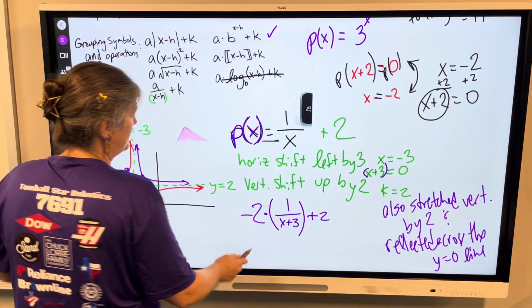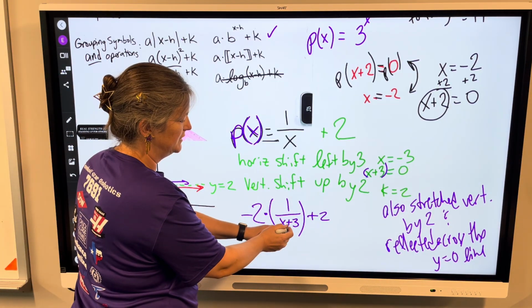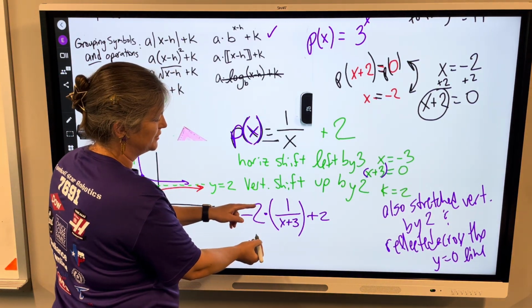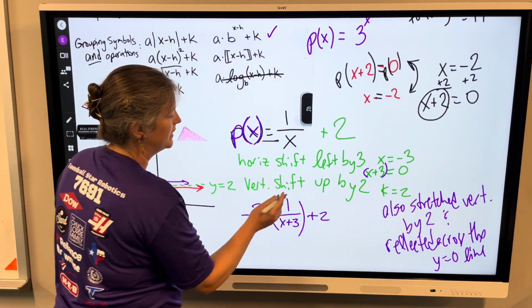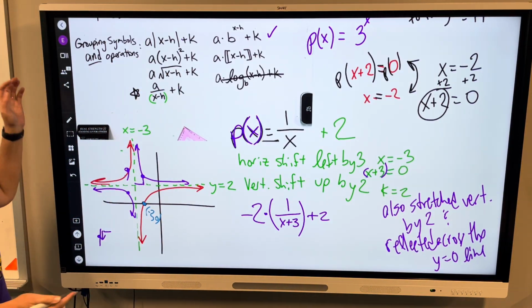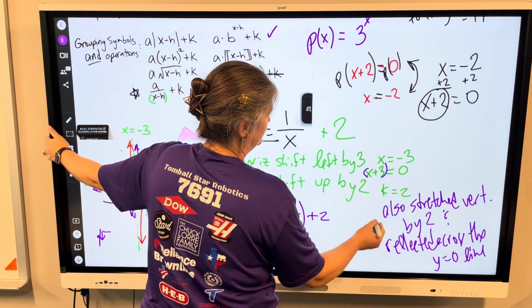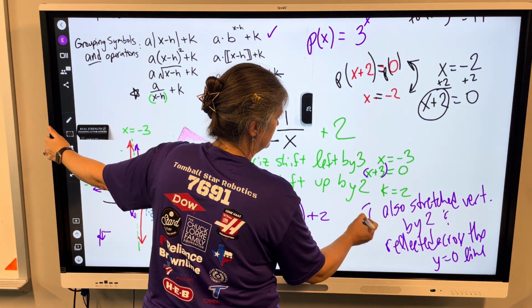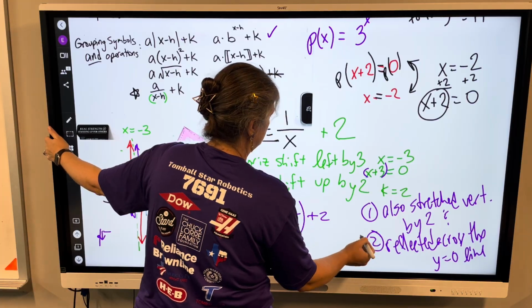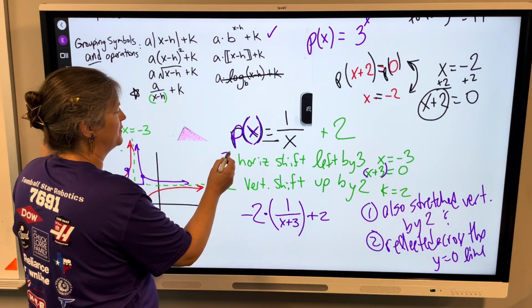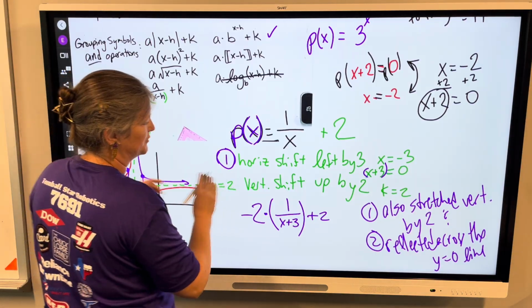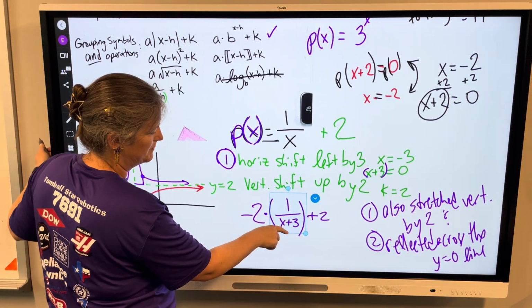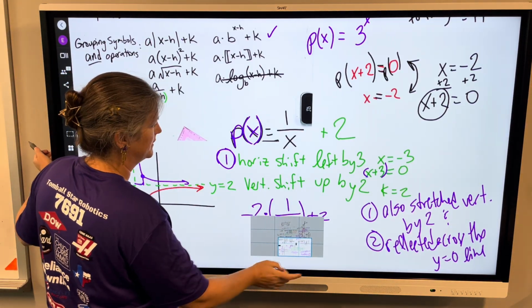Now, in order of operations, technically I shifted to the left, then I stretched it by 2, then I reflected it by multiplying it by negative 1, and then I pushed it up by 2. So the order of these is maybe 1, 2, 3, well, all right, I lied. This is 1. That's always the first one that happens because it's in the order of ops. When I plug in a number, that's what's going to happen.